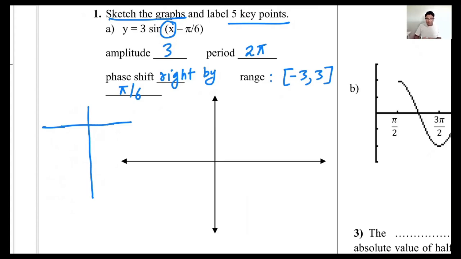If you are taking notes, and if you're writing with smaller fonts than mine, you might be able to fit everything in. Okay. So let me take some points here. I will write here sine x and 3 sine of (x minus pi over 6), our function here. Okay. We will look at these two functions.